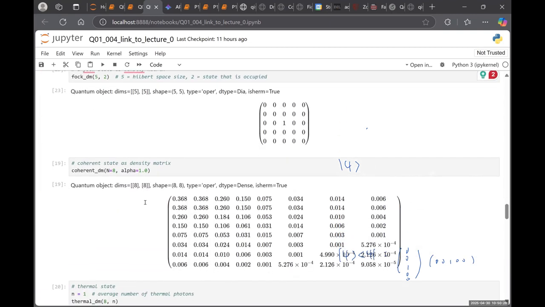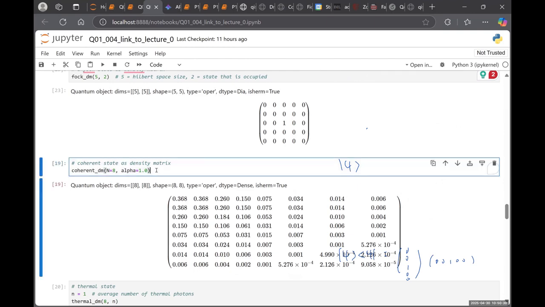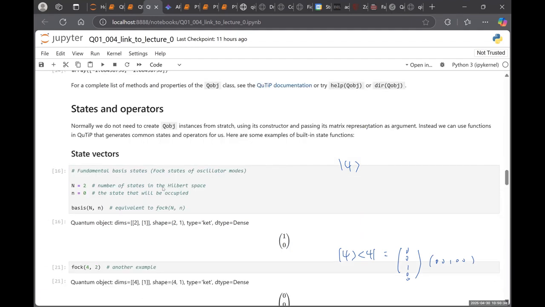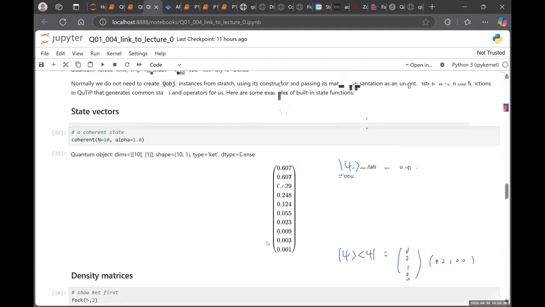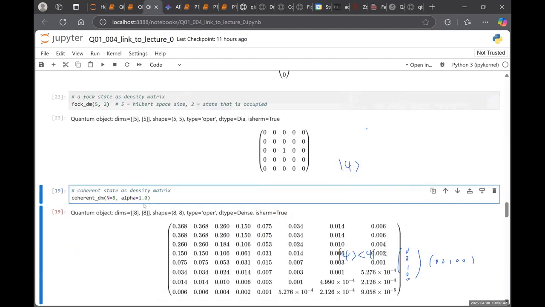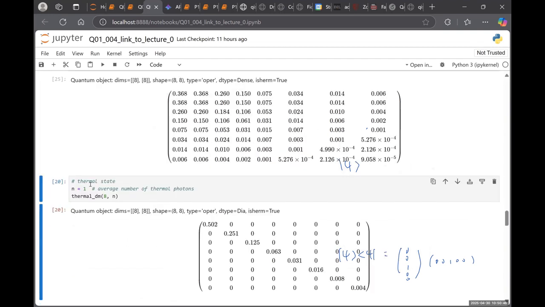Okay. Coherent state. Here the coherent state is mentioned, but you can also write it in this form. So that's the density matrix, and that's what it is.